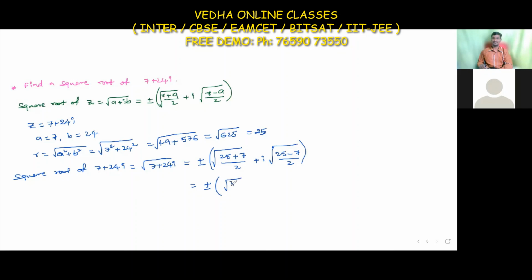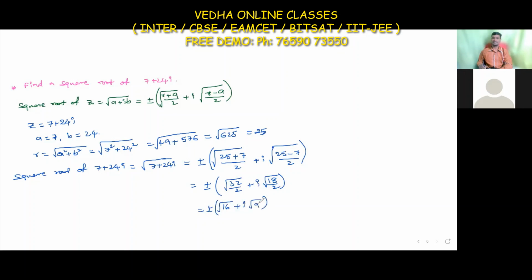Root of 32 by 2, plus i into root of 25 minus 7: first subtract 5 to get 20, then subtract the remaining 2, so 18. So plus or minus root 16 plus i into root 9.